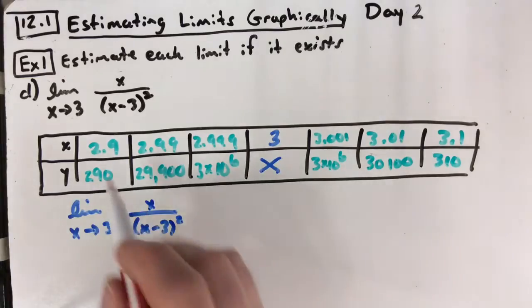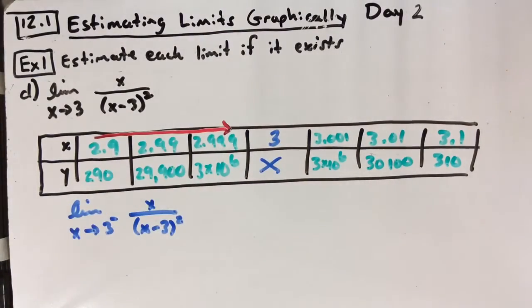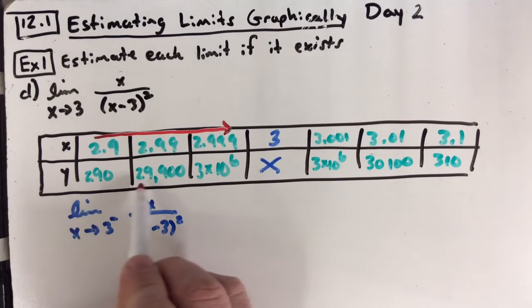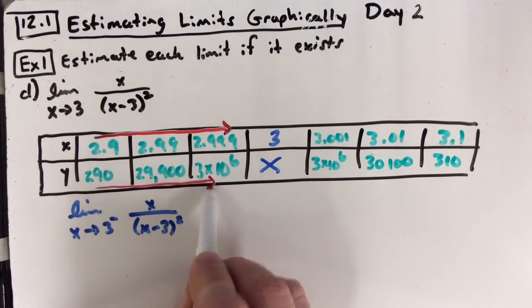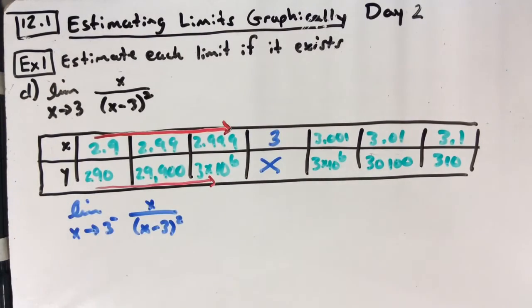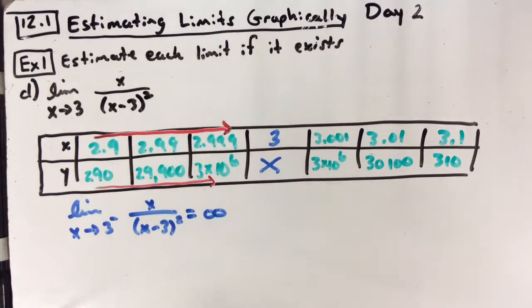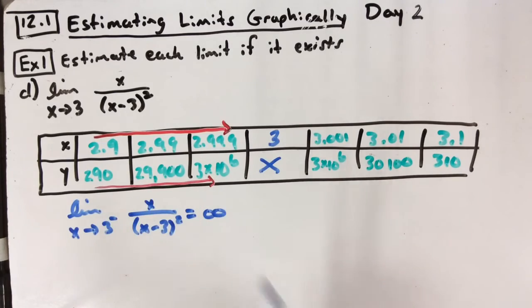And as our x's get close to 3 from the numbers that are a little smaller than 3, our y values go from 290 to almost 30,000 to 3 million. These numbers are getting bigger, and they're getting bigger by bigger and bigger amounts. It's growing very quickly. So it looks to me like these numbers are going to keep growing, and the closer we get to an x coordinate of 3, the higher the y coordinate is going to be.